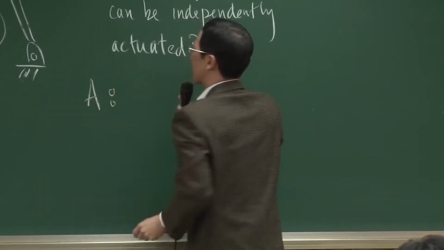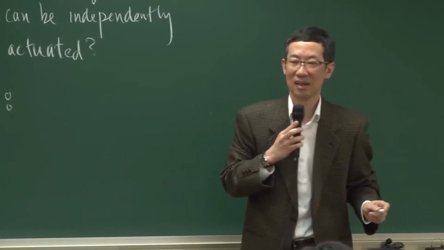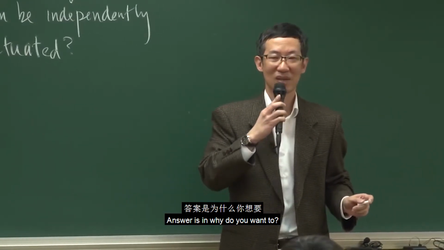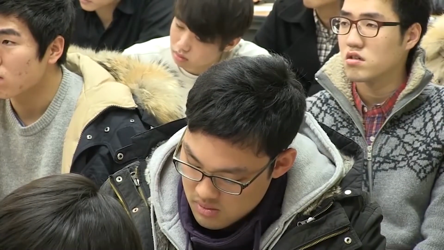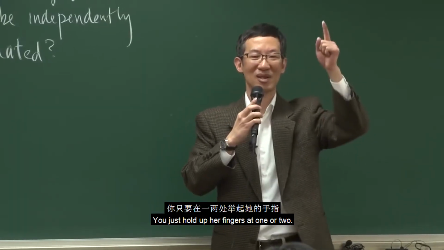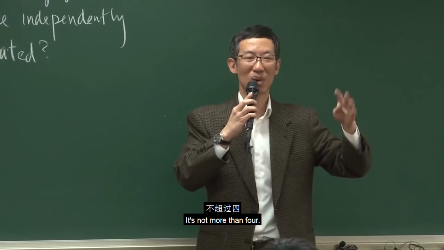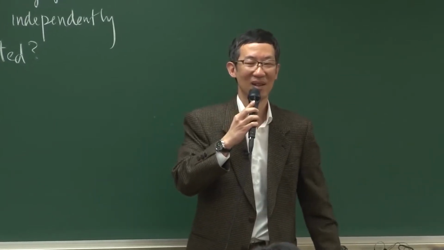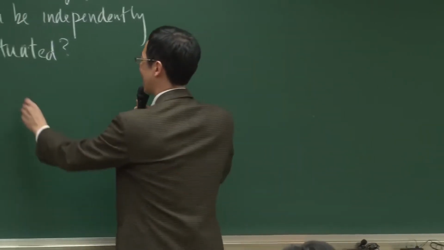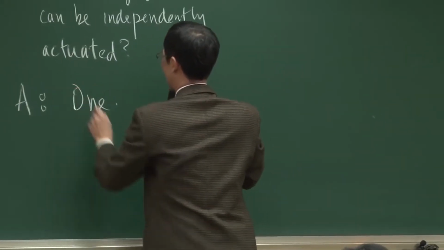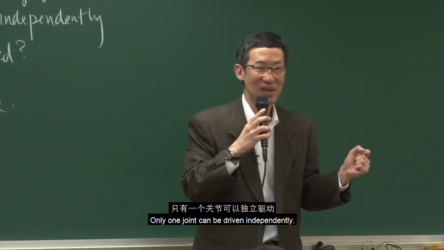And the answer is, anybody want to take a shot at this? You just hold up a finger. Is it 1, 2? I'll give you a hint. It's not more than 4. Okay. Yeah, it's 1. It's 1. Okay. Only 1 joint can be driven independently.